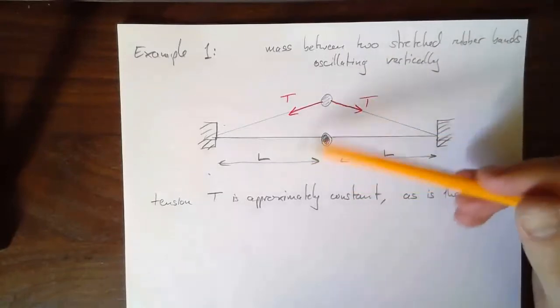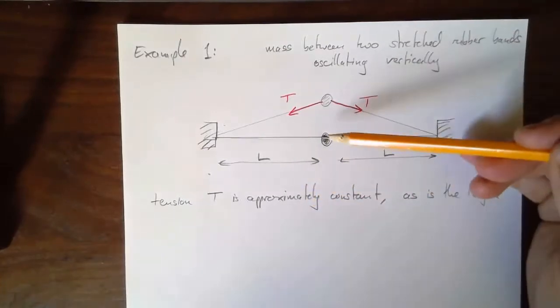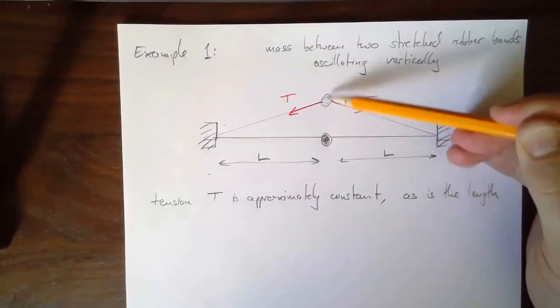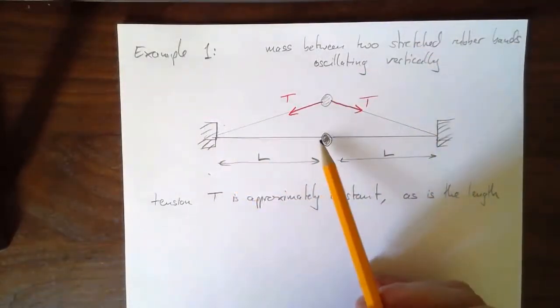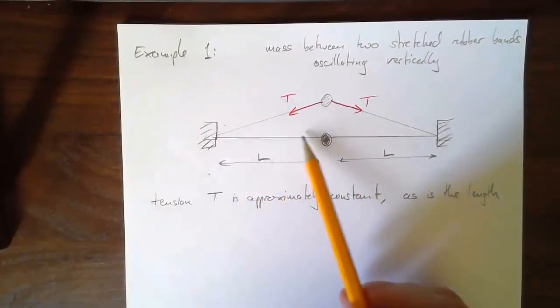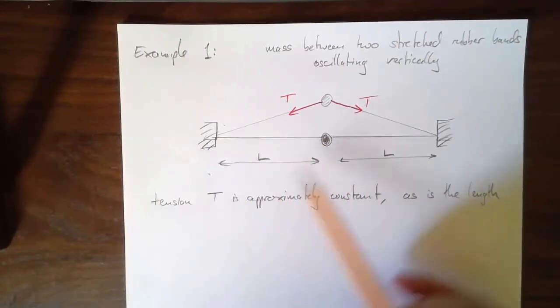Now the rubber bands themselves, maybe they can be modeled like springs very directly, but I care about this vertical oscillation here. I imagine they're already stretched when the mass is in the middle, so this is not their equilibrium zero-force length. Right now there's a tension to the left, tension to the right.